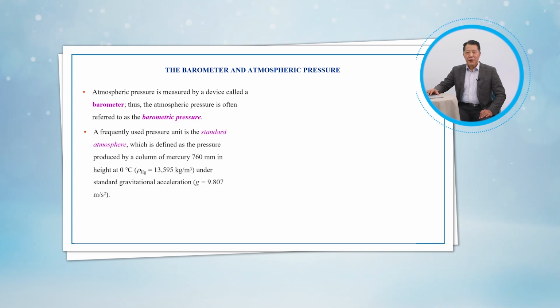A frequently used pressure unit is the standard atmosphere, which is defined as the pressure produced by a column of mercury 760 mm in height at 0 degrees centigrade under standard gravitational acceleration.